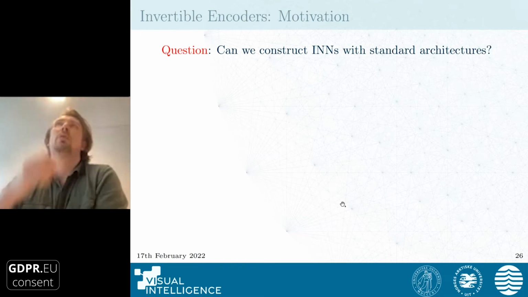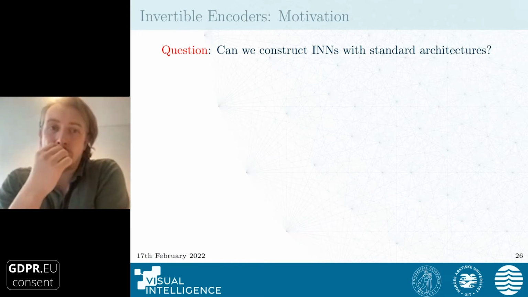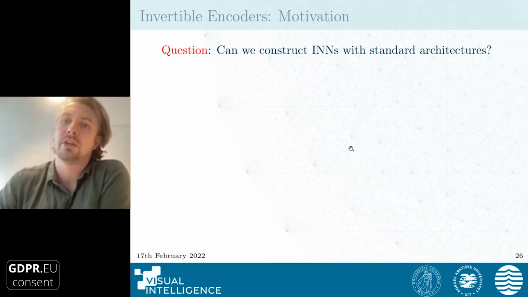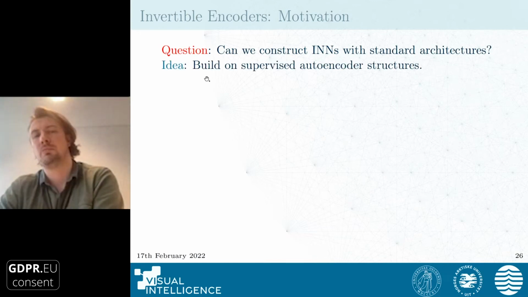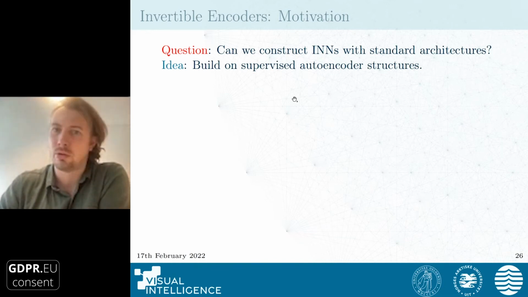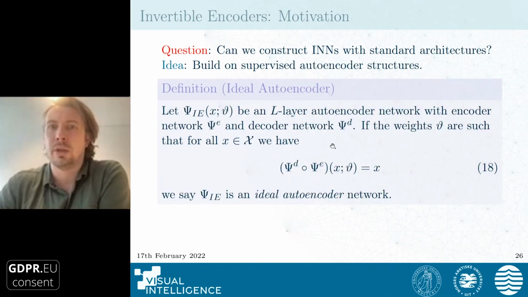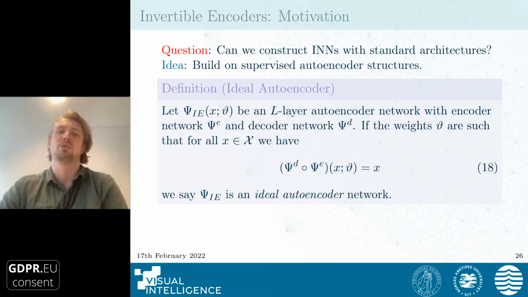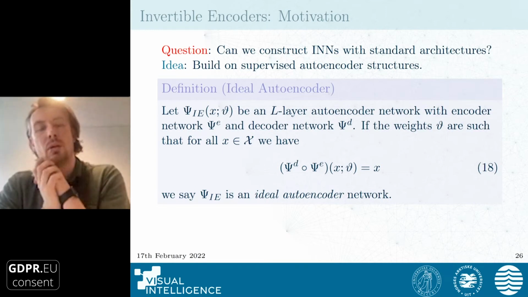So what we wanted to look at was the possibility of constructing invertible neural networks with standard architectures. We wanted to build on the supervised autoencoder structure, and construct an ideal autoencoder, meaning that for each input, the encoder composed with the decoder will always perfectly reconstruct the input.